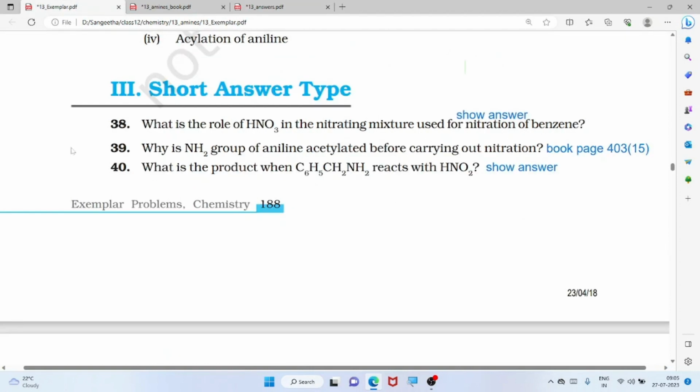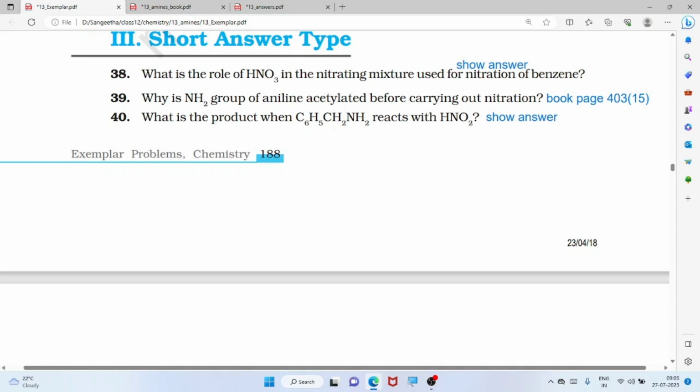Why is the amino group of aniline acylated before carrying out the nitration?